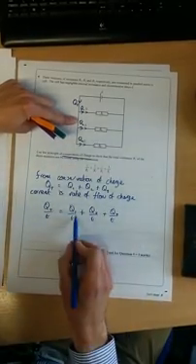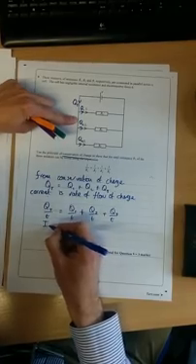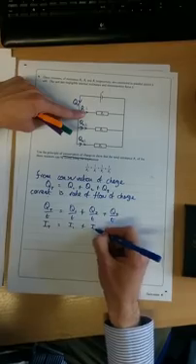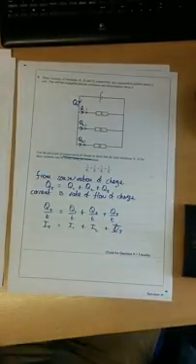In other words, the total current is equal to the current 1 plus the current 2 plus the current 3.